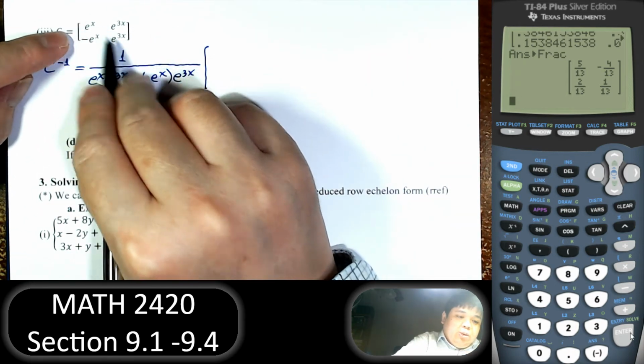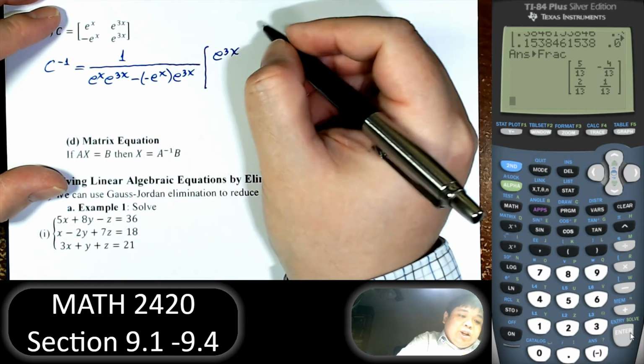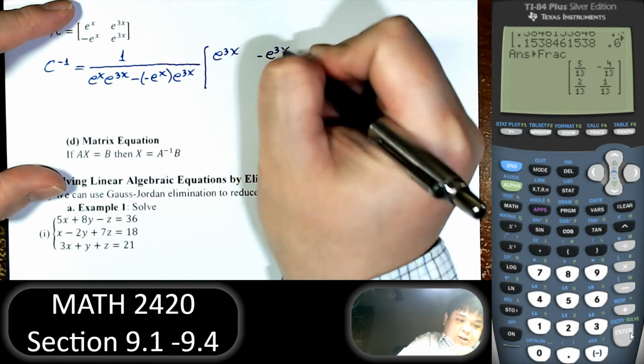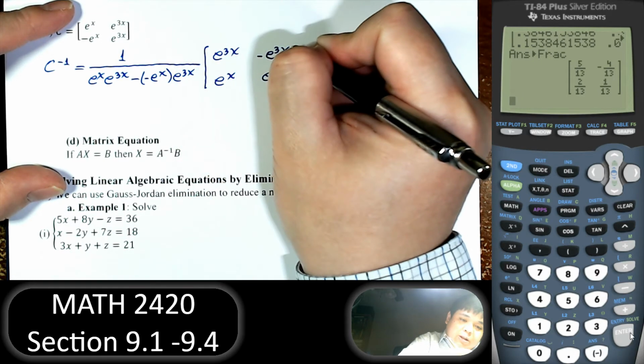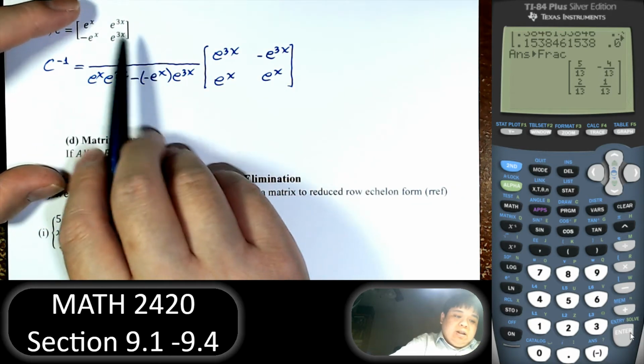Then these two change places, and the other two change the sign. E to the 3x, e to the x.